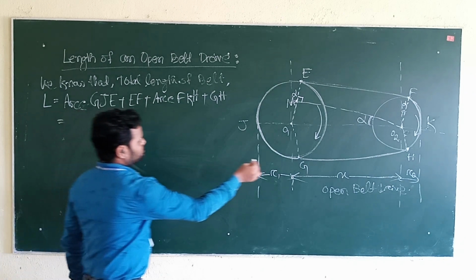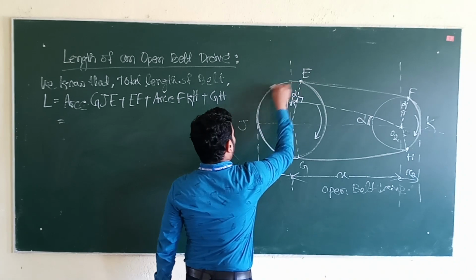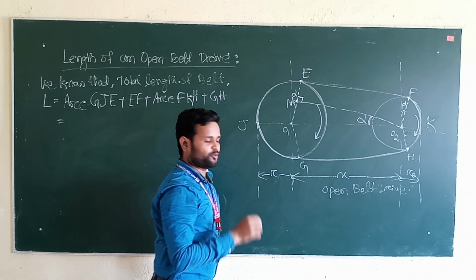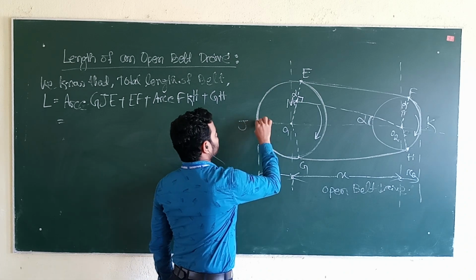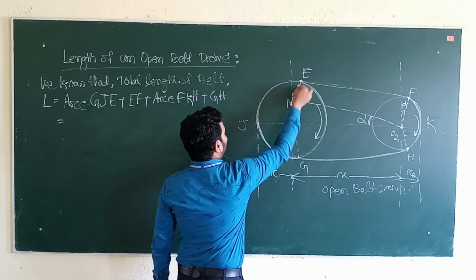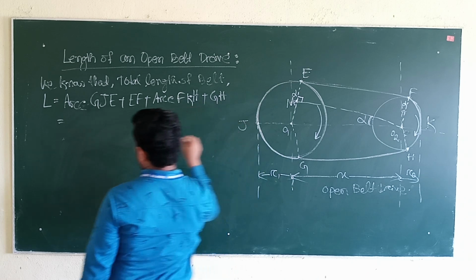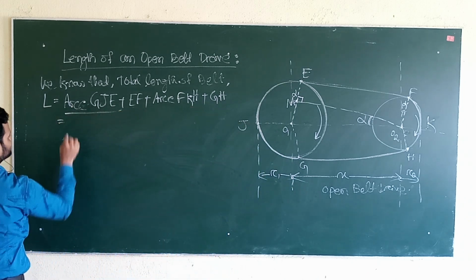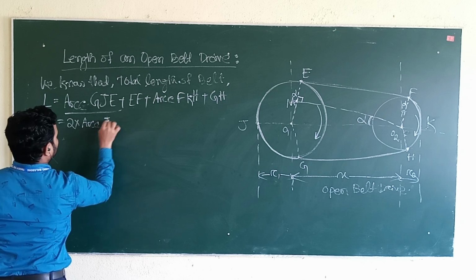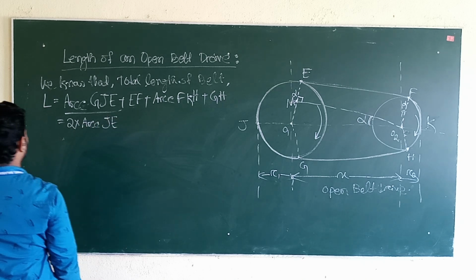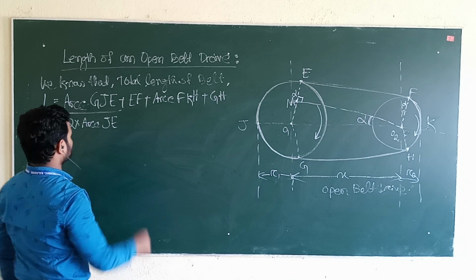Again, the arc GJE. J is the midpoint of arc GJE. So we can say that twice the arc JE is the total arc GJE. So in place of arc GJE, you can write twice arc JE.